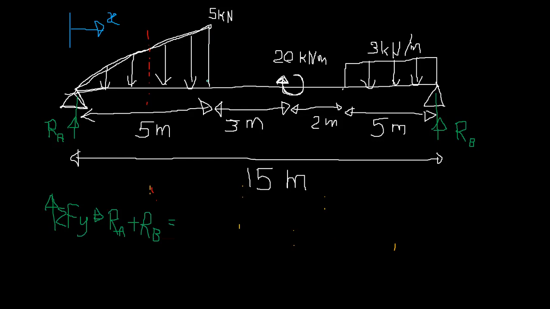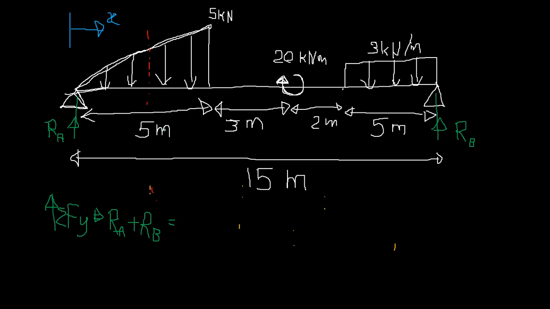Total load equals the area of this triangle, right? So for 1 meter, it's 1 kilonewton. 2 meters, it's 2 kilonewtons. 3 meters, 3 kilonewtons the load. So for 1 meter, you increase the load by 1 kilonewton, right? 5 kilonewtons over 5, right?